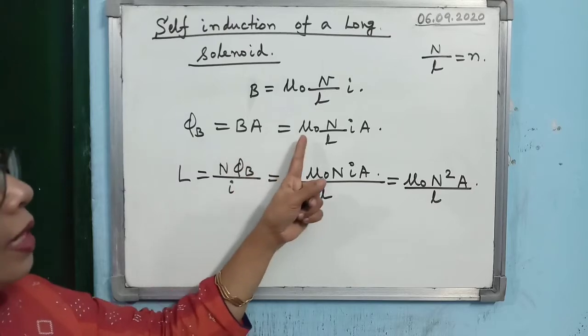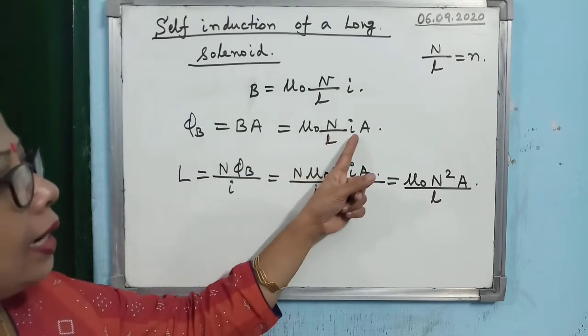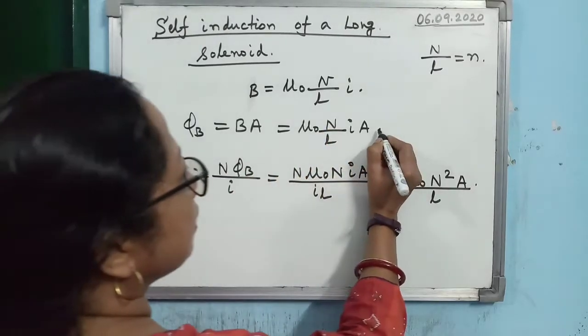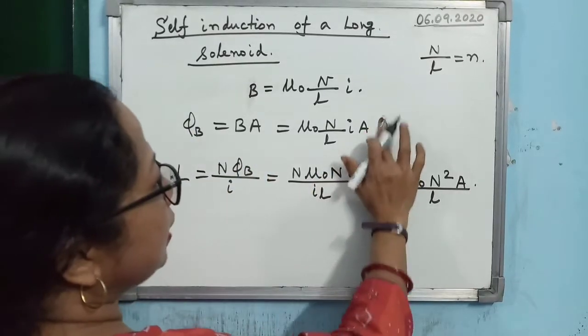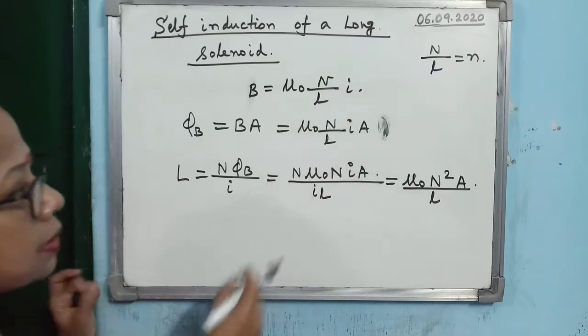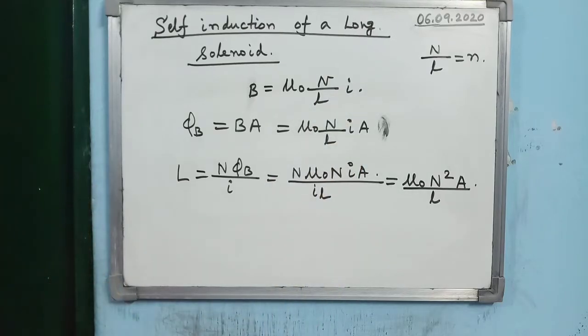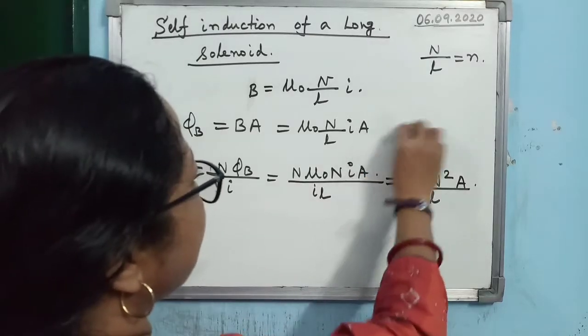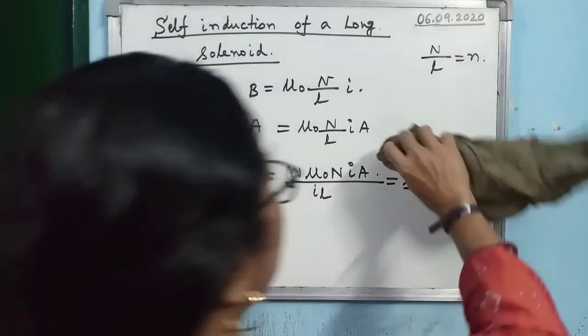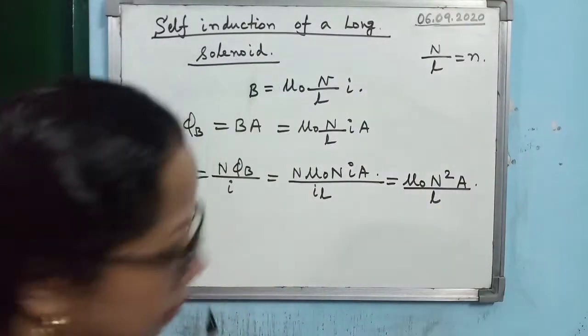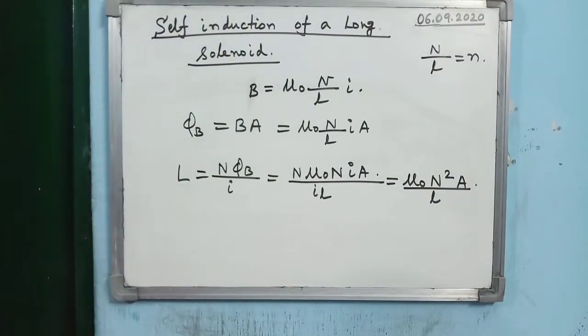So you can write it as mu 0 n I A. In place of B, you have substituted this one, mu 0 n I, and into A. Okay, so that is the magnetic flux linked with each turn of the solenoid.